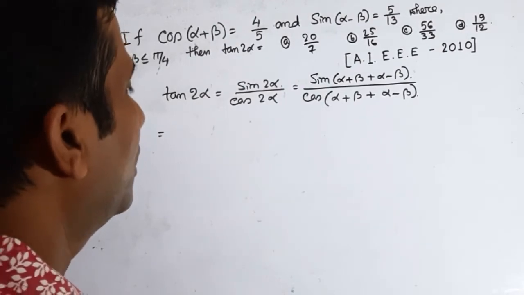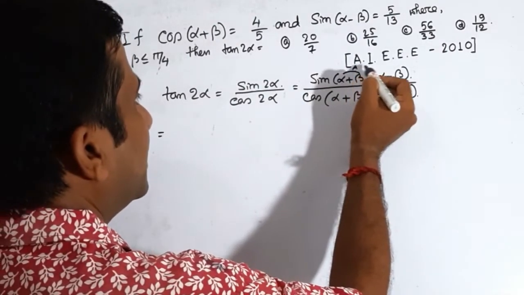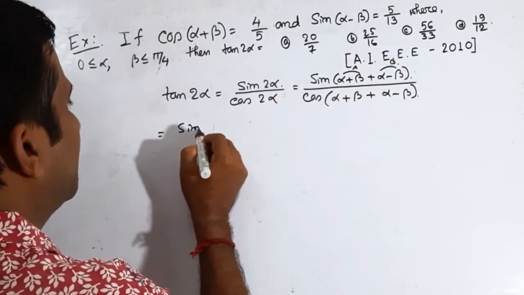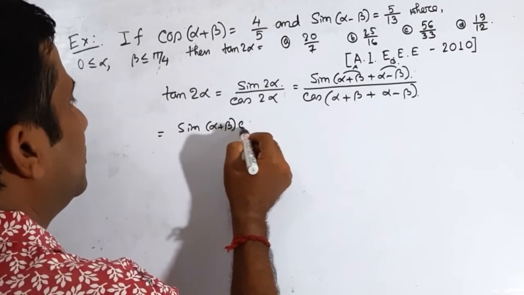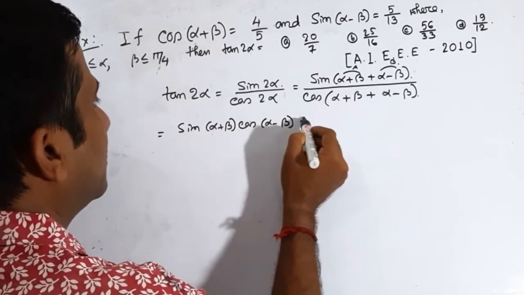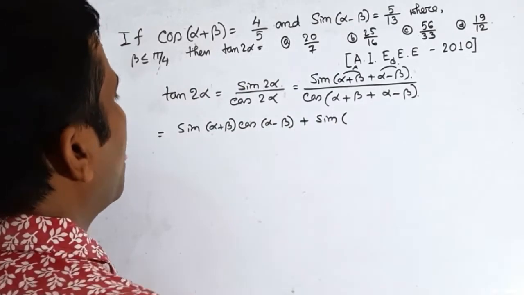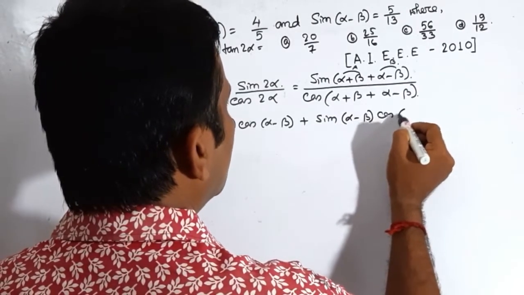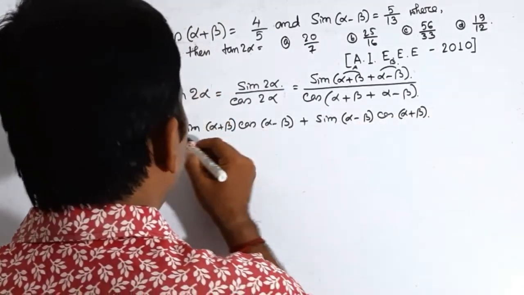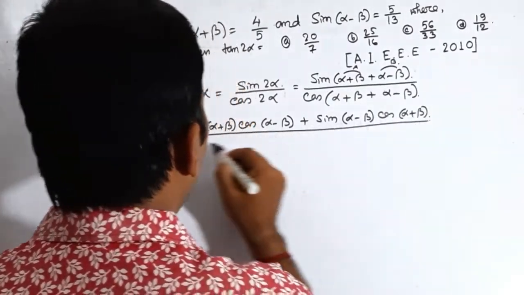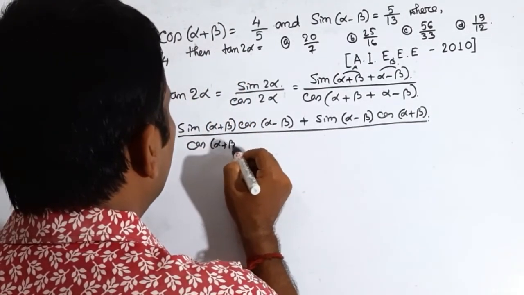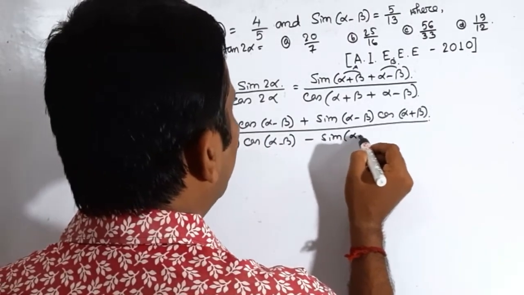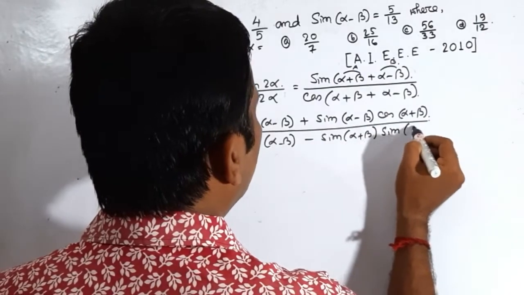from the formula of compound angles, taking this as A and this as B, sin(A plus B) means sin(alpha plus beta) cos(alpha minus beta) plus sin(alpha minus beta) cos(alpha plus beta), divided by cos(alpha plus beta) cos(alpha minus beta) minus sin(alpha plus beta) sin(alpha minus beta).